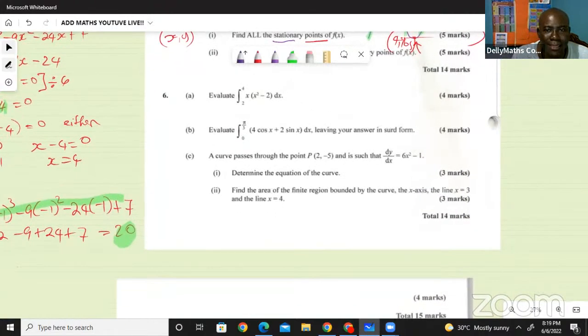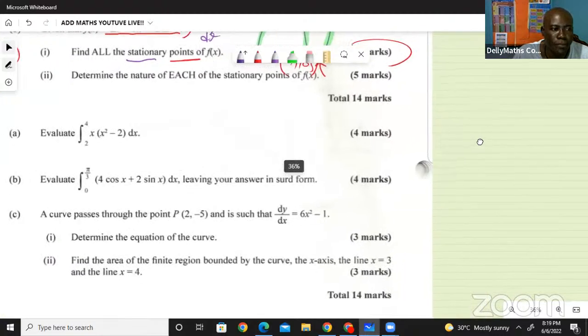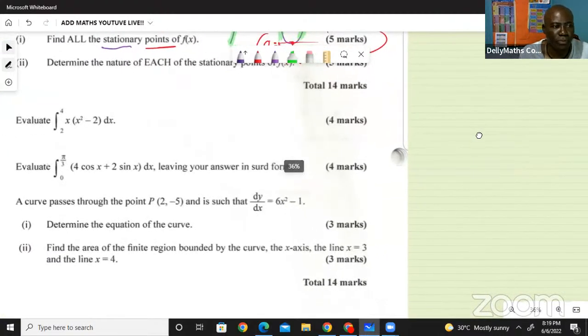Let's look at this now. Now we're dealing with some integration. We have to evaluate the definite integral of x into x squared minus 2 dx from 2 to 4.